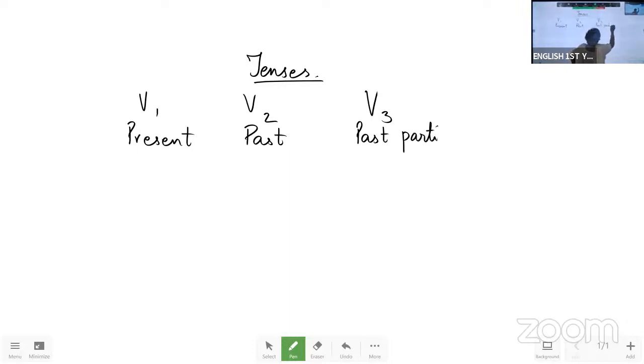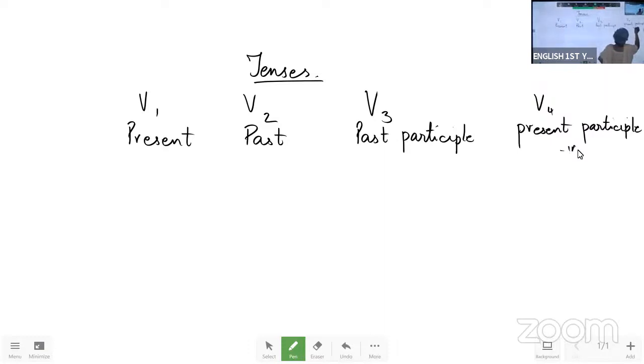And in some books, you will find V4 written. Actually, it is not V4, but present participle. I'm writing V4 because in some grammar books, you find that it is actually present participle. Present participle is otherwise known as the ing form.